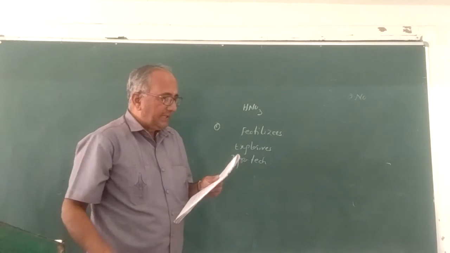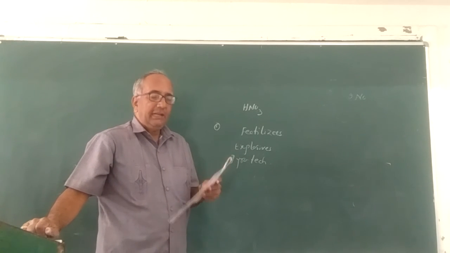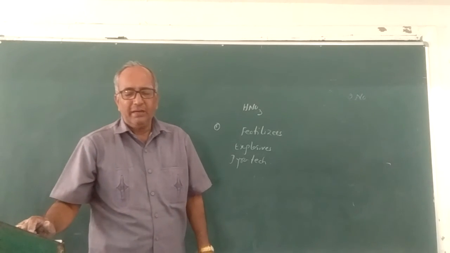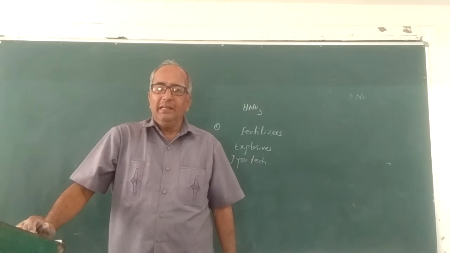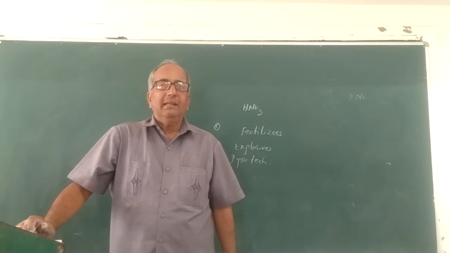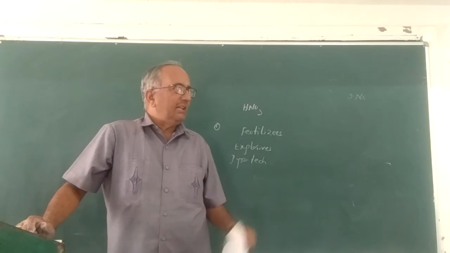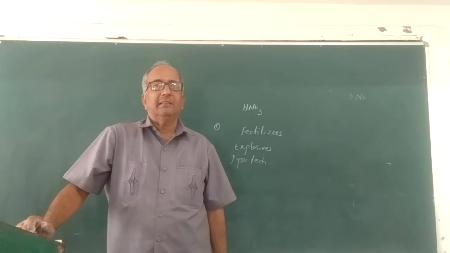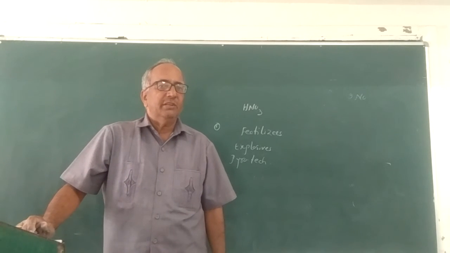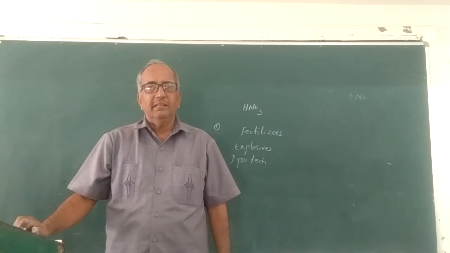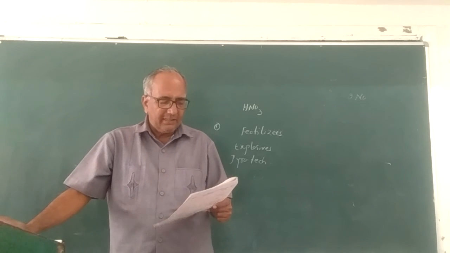It is used in the preparation of nitroglycerin and trinitrotoluene, etc. Nitric acid is also widely used in many organic chemical reactions, in nitrating reactions. The mixture of concentrated nitric acid and concentrated sulfuric acid is called a nitrating mixture. It is used to convert some organic compounds into nitrated organic compounds.